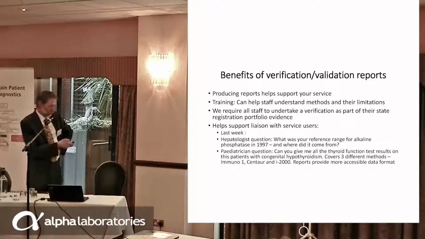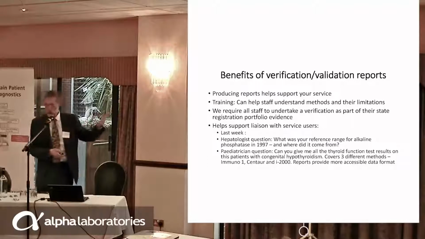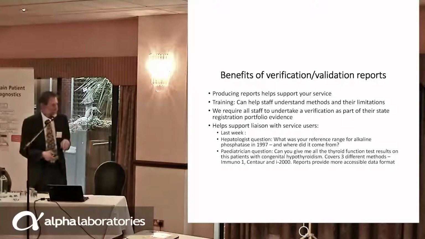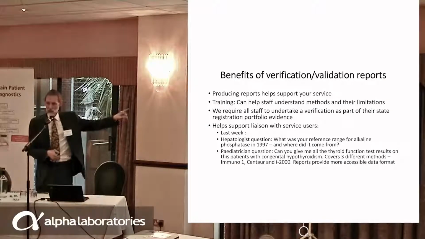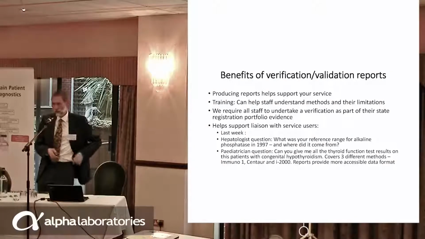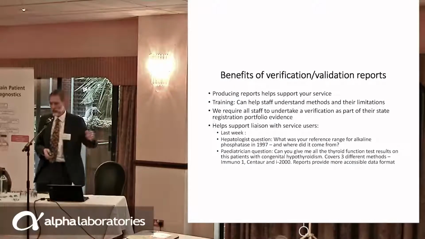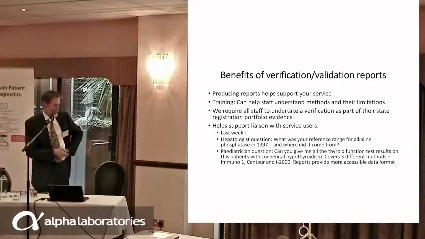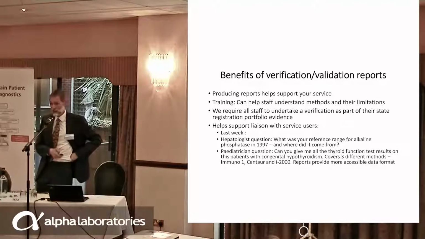But I often get emails like this, and when I prepared this talk at the weekend, I had two questions in my email inbox. One was from a hepatologist, who said, in 1997, I'm looking at some longitudinal monitoring of some patients with a liver condition. I won't bore you with the details, but you had a reference range in 1997.